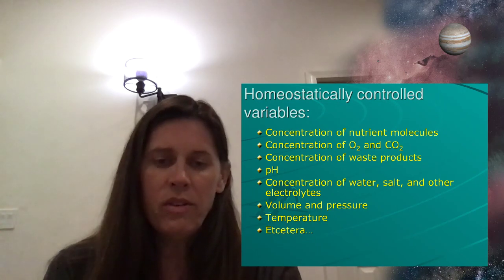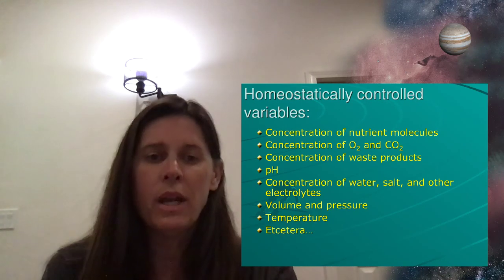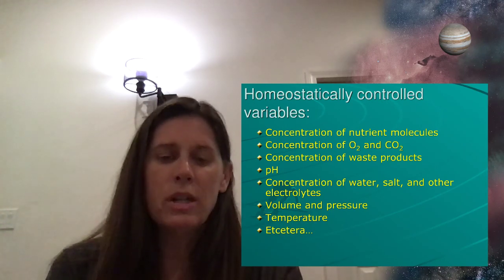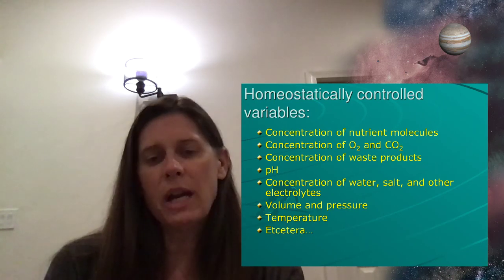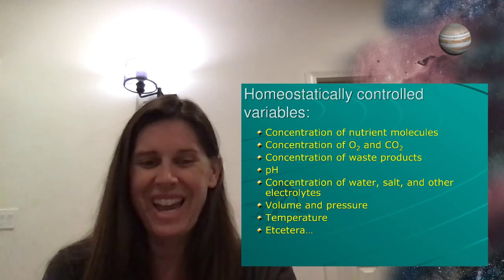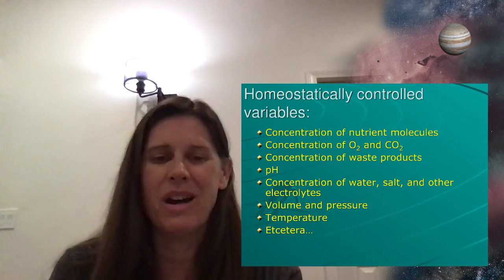So here's a list, and this is not an exhaustive list. You might think of other things, but we talked a little bit in part 1 of this lecture about nutrient molecules. You need to have a certain amount of carbohydrates in your body, and lipids and proteins and nucleic acids. Remember, you learned those in general bio. I told you general bio was going to come back and haunt you.